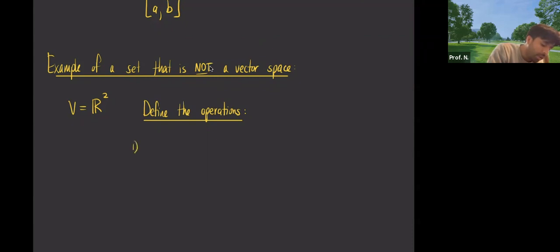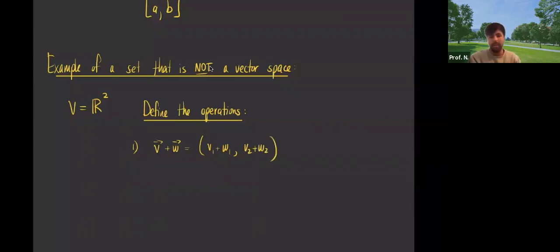So suppose we have the regular definition for addition, which would be (V1 plus W1, V2 plus W2). This is the standard addition definition for vectors.